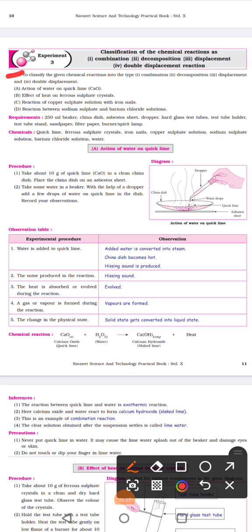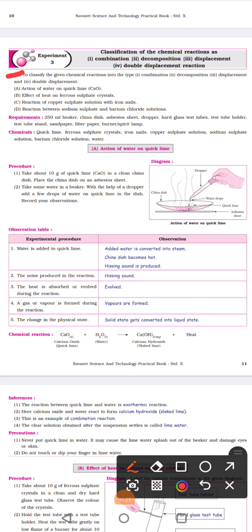Suppose a student got only two reactions, combination and decomposition. That student will write the aim as: to classify the given chemical reaction into the type combination, decomposition. The other student got the next two reactions, displacement and double displacement, so he or she will write: to classify the given chemical reaction into the type displacement and double displacement.